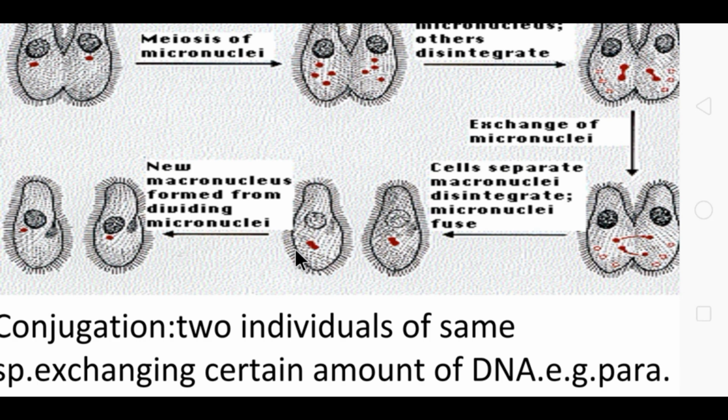The conjugation occurs in ciliated animals. Example: Paramecium, Vorticella and bacteria.